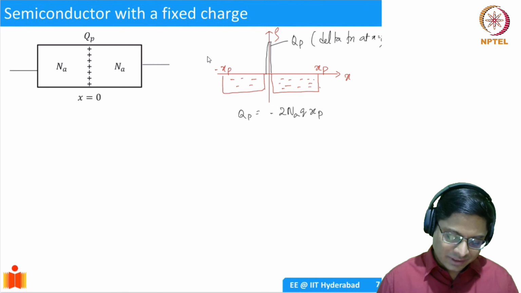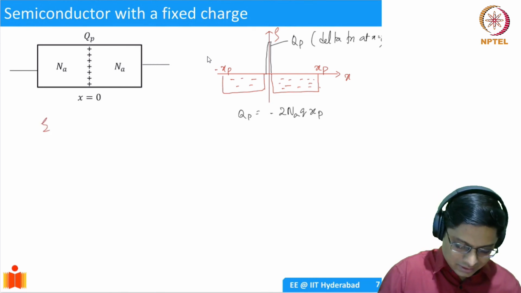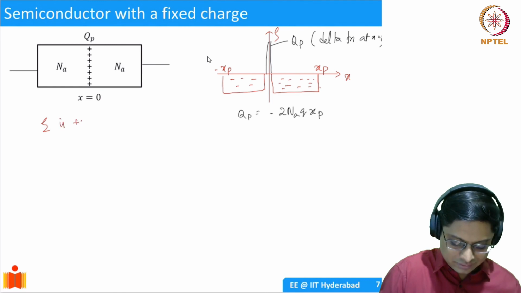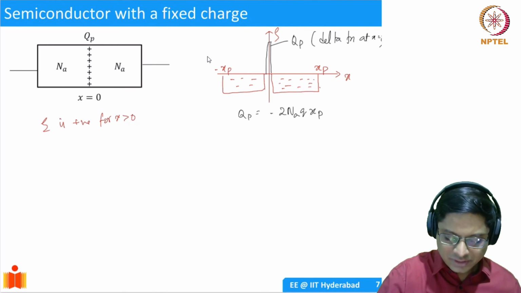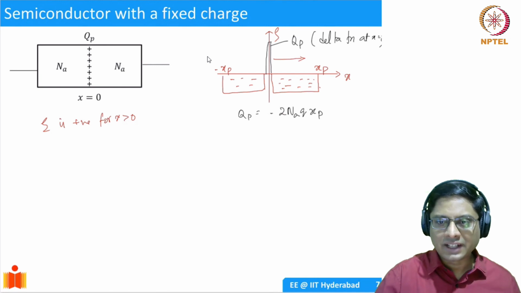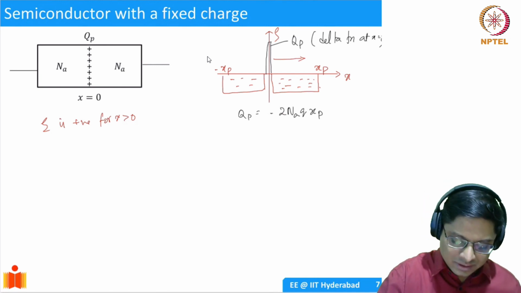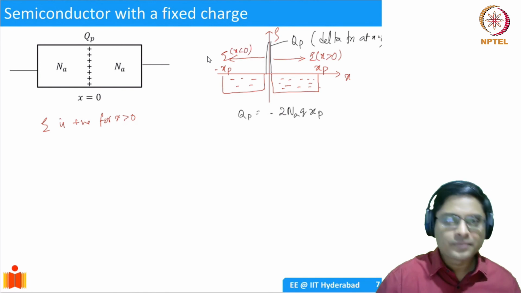See, the important thing here is, you should realize E is positive for x greater than 0. Remember, this is positive charge, so the E field direction is going to be in the positive x direction. And for x less than 0, the E field is going to be in the negative x direction, right? This is x greater than 0, and this is x less than 0.